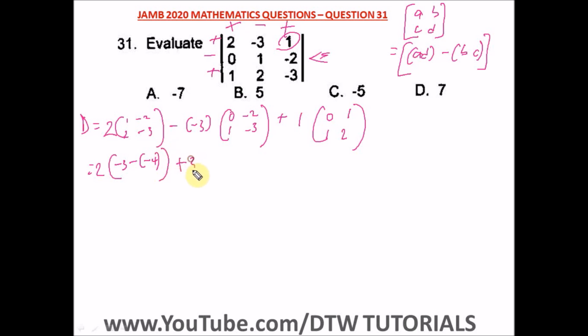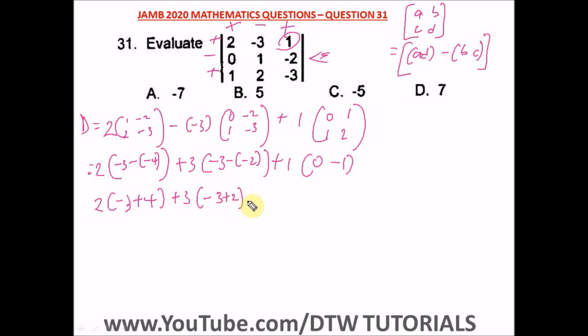This is plus 3. This is minus 3. This times this minus minus 2 plus 1. 2 times 2, 0 is 0, minus 1 times 1 is 1. So open bracket, we have 2 minus 3 plus 4 plus 3 minus 3 plus 2 plus 1 bracket minus 1.